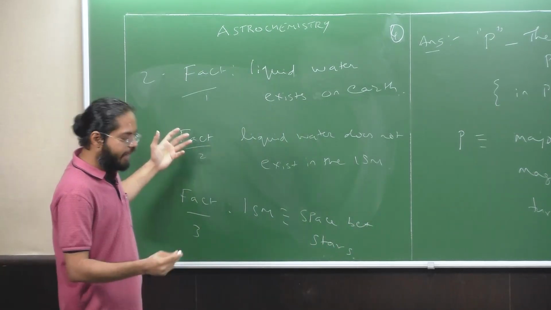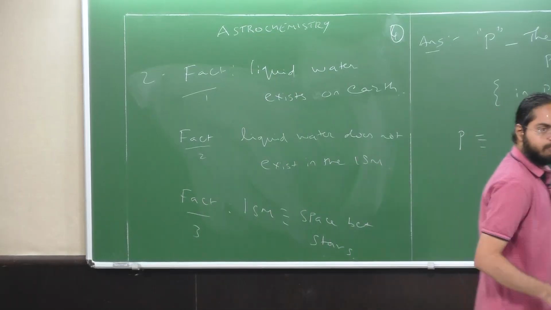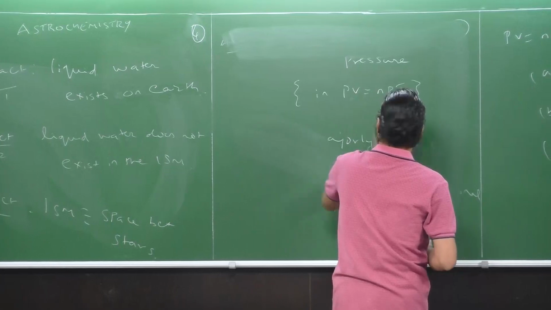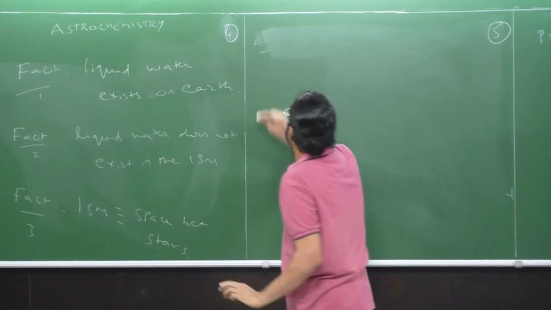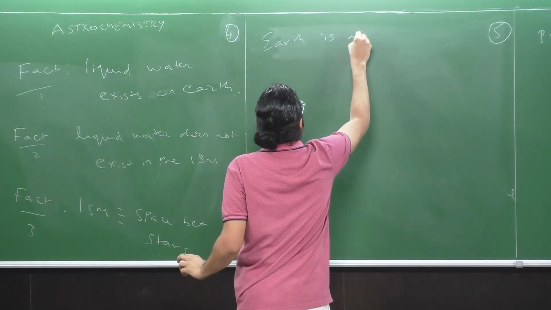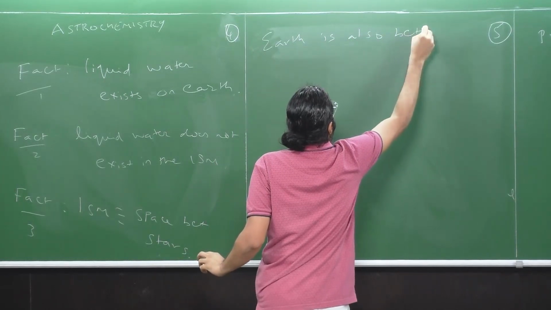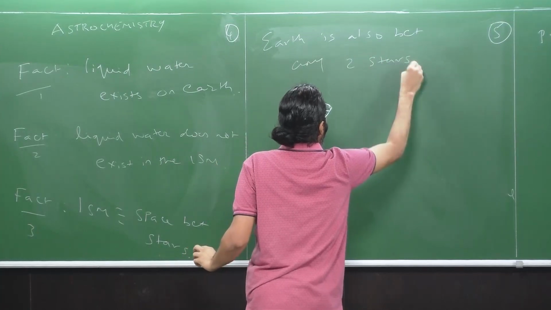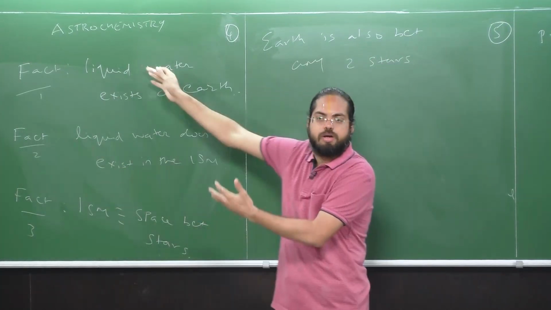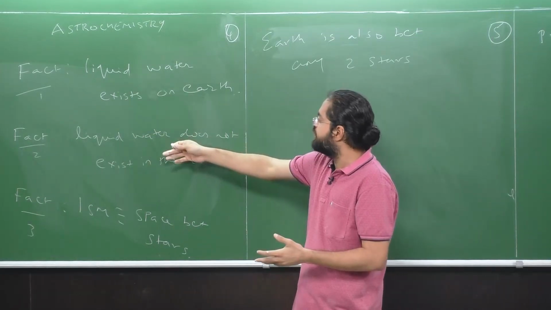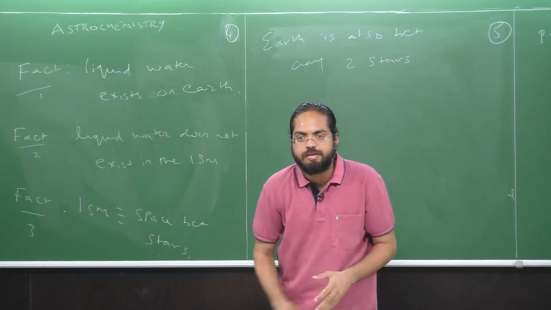So given these three facts, Earth is also between any two stars. But water is present on Earth in the liquid state, but liquid water does not exist in the ISM.